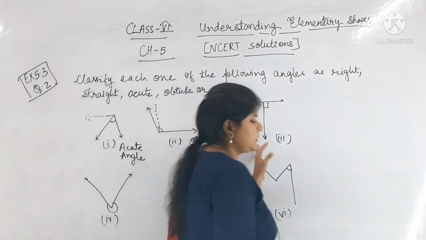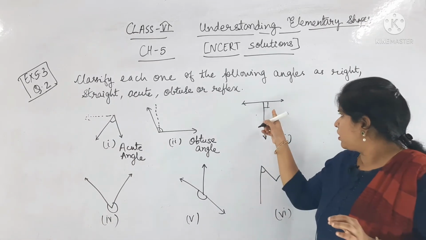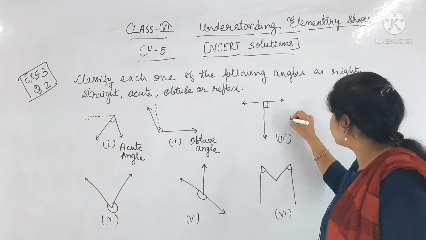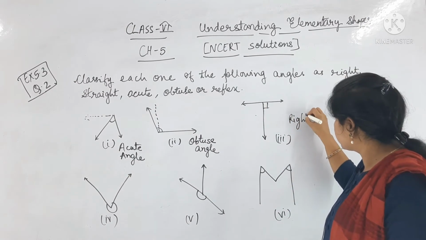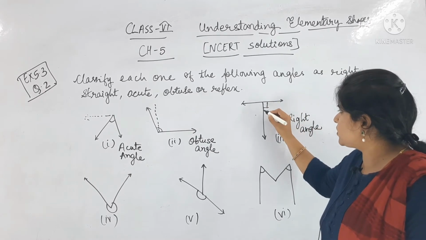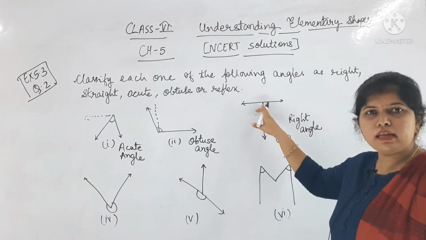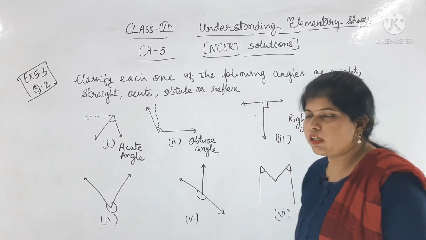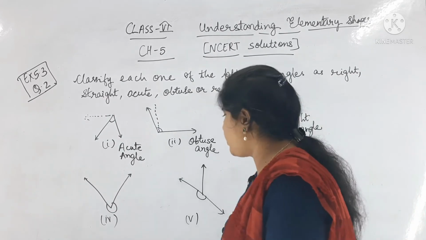Number 3 part, you can see a perpendicular line, so this is the right angle. This is a straight line, and this is perpendicular to this line. So this is 90 degree and this will be the right angle.